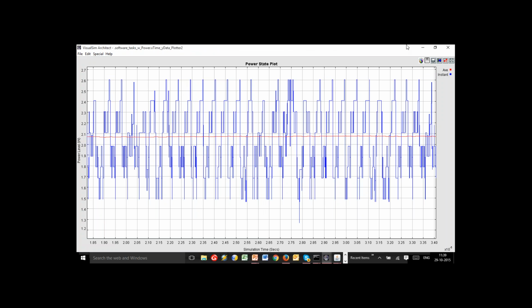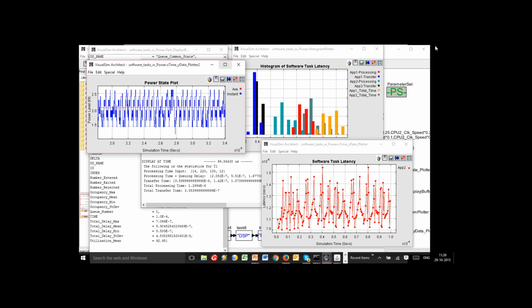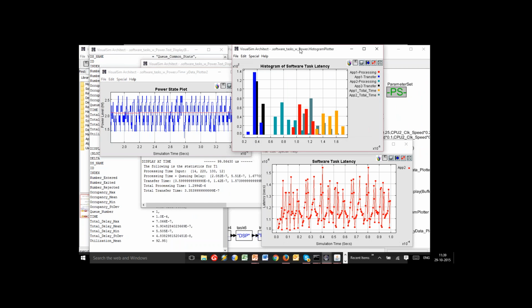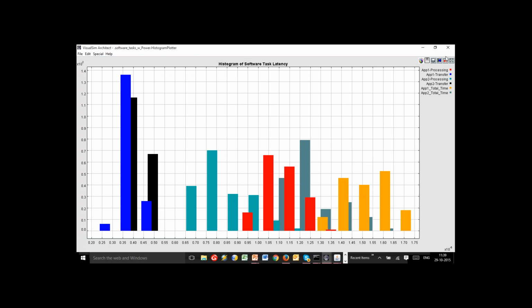Now, we're also going to see a histogram where we're looking at the latencies. These yellow bins over here correspond to the total time taken, combining the communication and the processing latency.